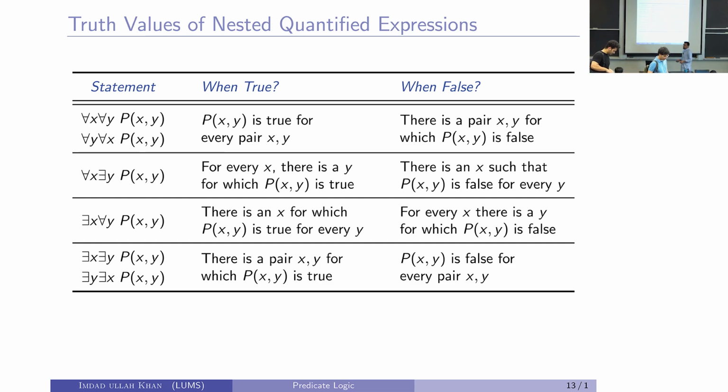And when is it false? Then there is a pair x y for which P x y is false. If there is even only one pair for which P x y is not true, then the statement is false, right? It may be true for all x's and all y's except for one fixed value of x and one fixed value of y.